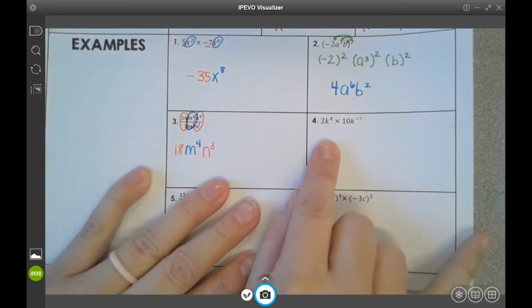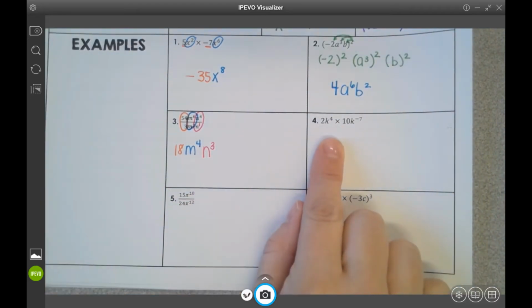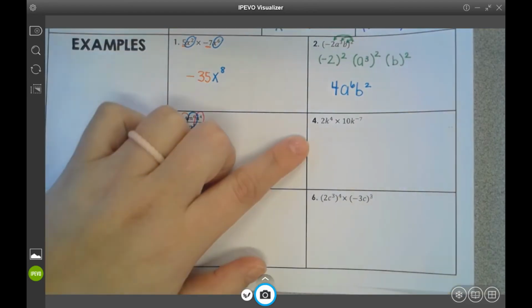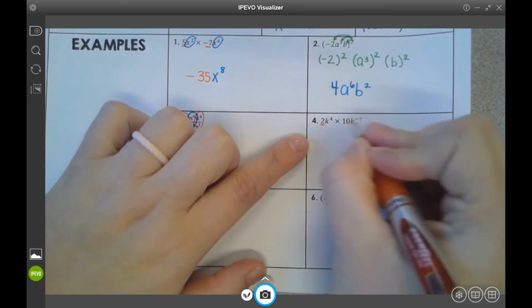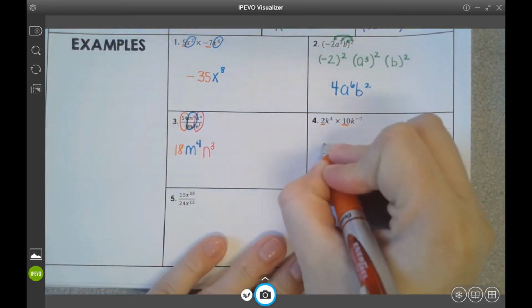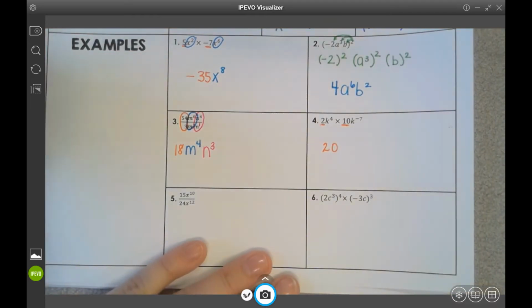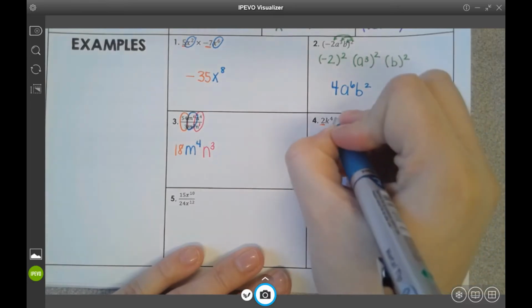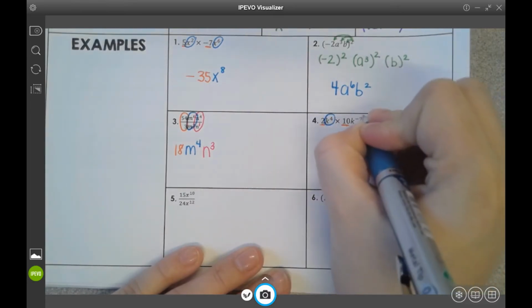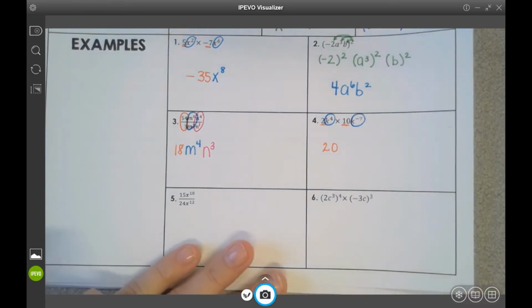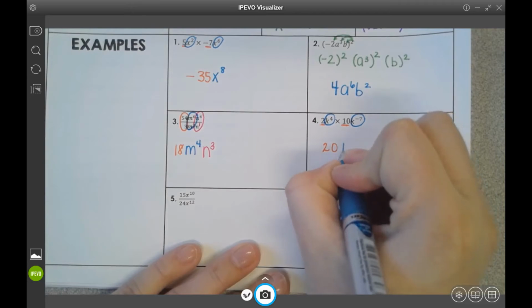Number 4, this is a multiplication problem. So the numbers out front, you just multiply like normal. That would be 20. 2 times 10 is 20. And then the k's, whenever you multiply variables, you add the exponents.